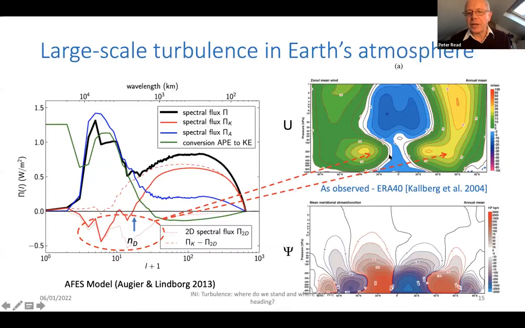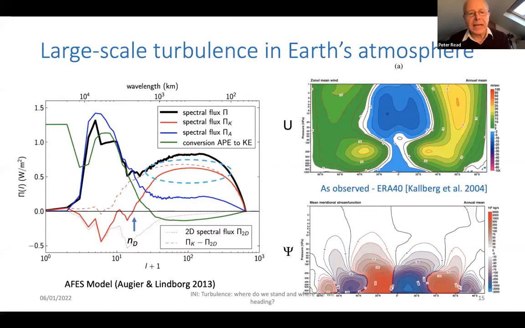So part of the jet stream that we actually see and hear a lot about in weather forecasts arises as a direct result of this inverse kinetic energy cascade as part of the global circulation. And then we have this curious region at the smaller scales, where the cascade is dominated by this divergent component of the circulation, mainly in the form of waves, at least in the model.